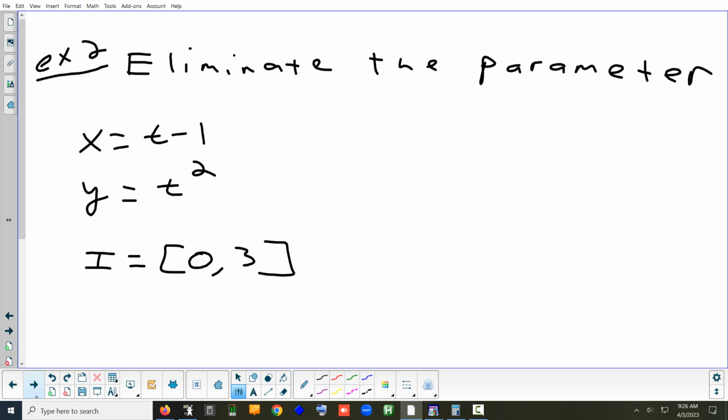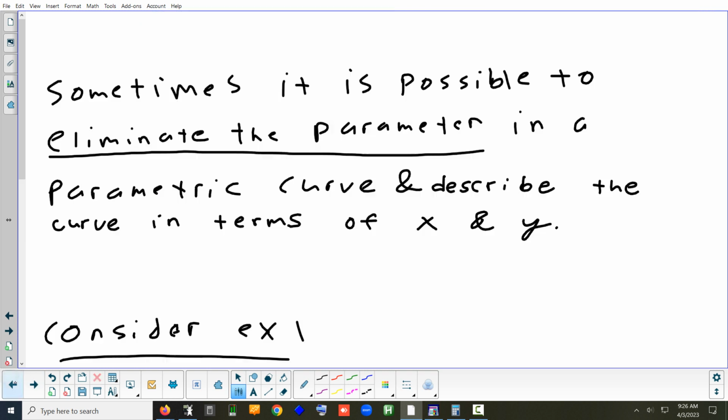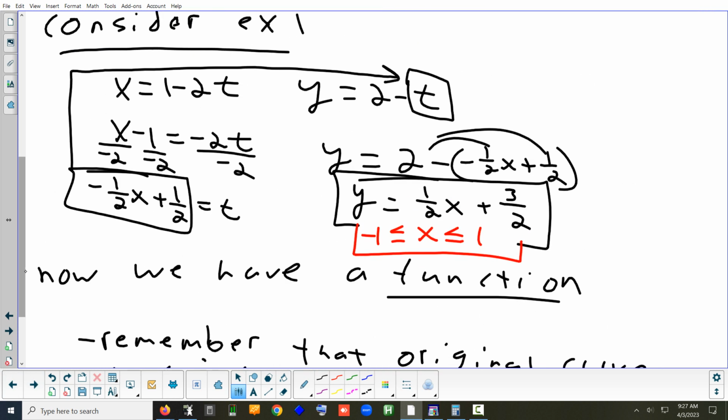Is that what we did on this one? For x, yeah. You want to plug into y, so you want to solve the x equation for t.